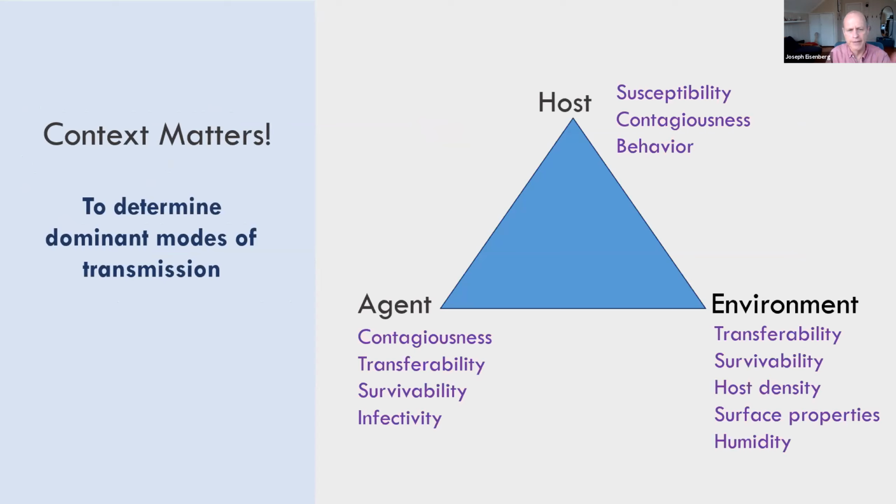And we talked a little bit about all these different features of the virus, of the host, and of the environment that could shift and the context in which we might think about one mode being dominant over the other, and thereby suggesting different mitigation strategies to address the spread in that particular venue.